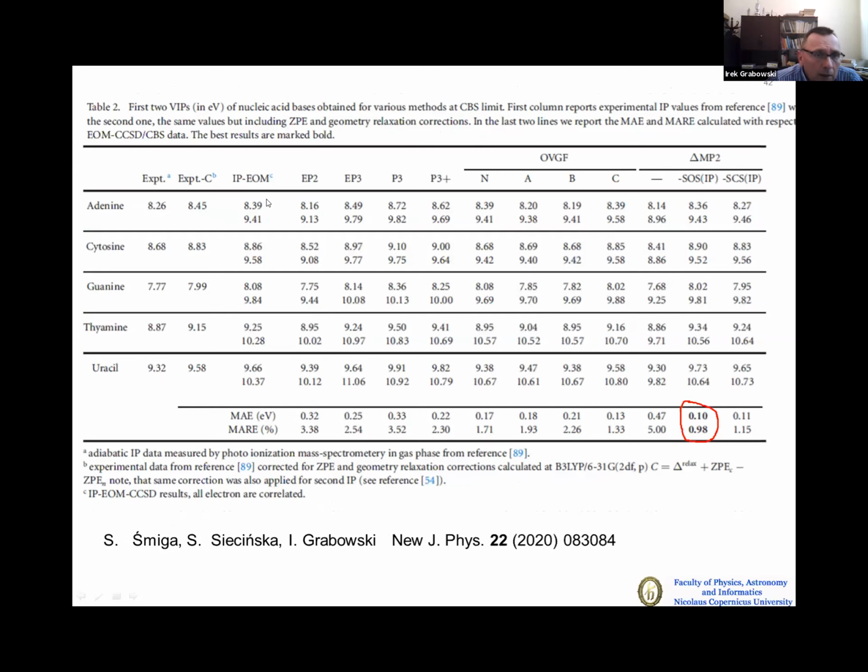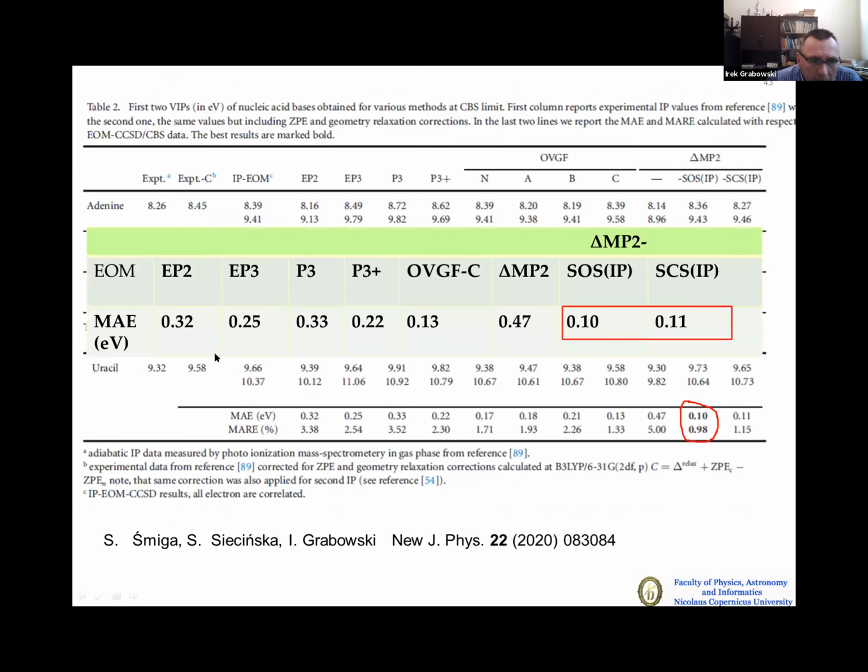Here we calculated not only the first IP but the first two valence ionization potentials. So again, this method, even though, as I said, it's an empirical parametrization, works remarkably well as compared to much more expensive third order methods, and in that case, the error was calculated with respect to equation of motion CCSD calculation.